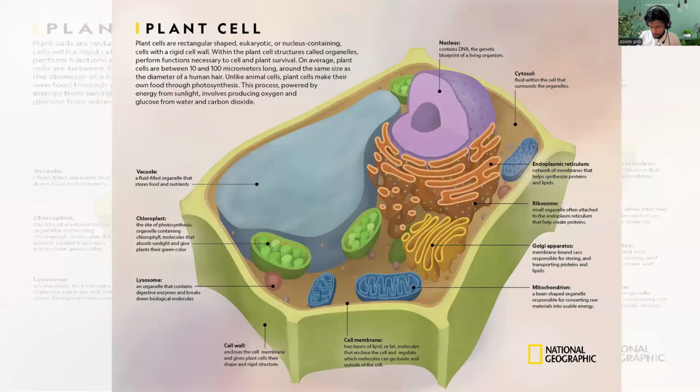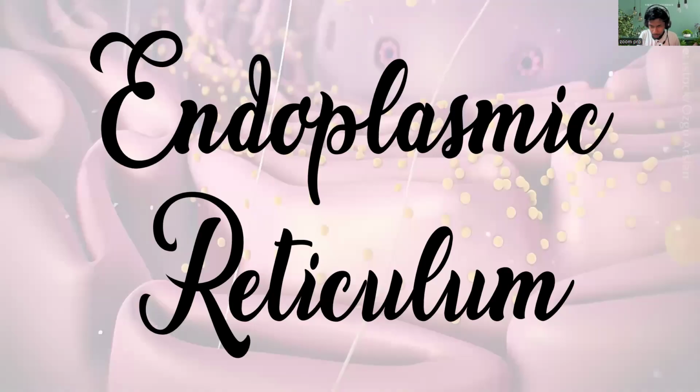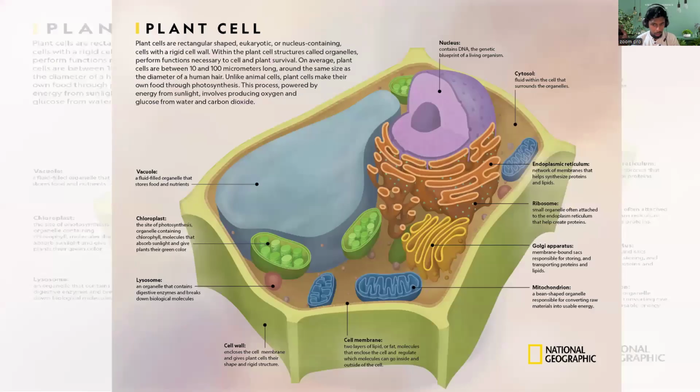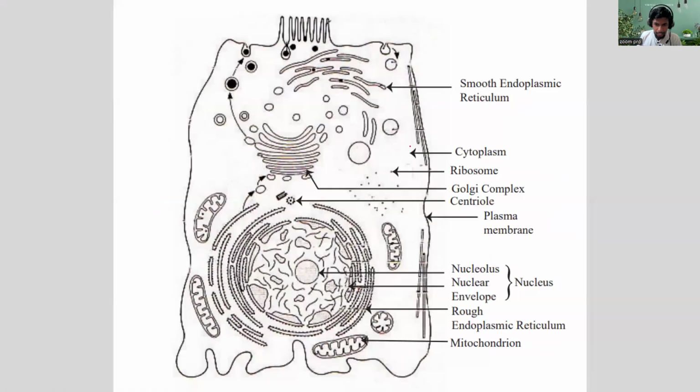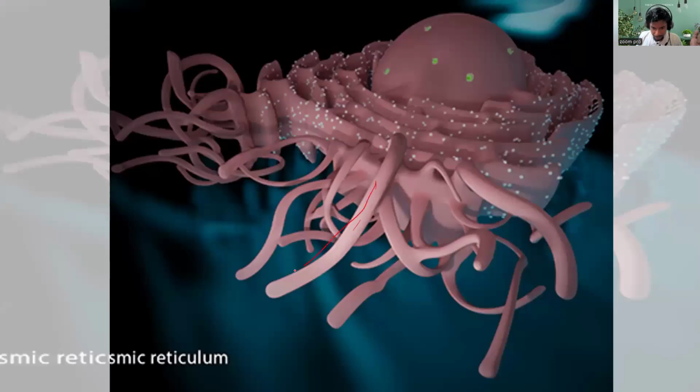You know the endoplasmic reticulum can be divided into two, smooth and rough endoplasmic reticulum. Smooth endoplasmic reticulum means, here you can see, the surface is very, very smooth. There is no ribosome. But here this is the RER, the rough endoplasmic reticulum. In the rough endoplasmic reticulum, we have the ribosome. So what happens? The surface becomes rough.